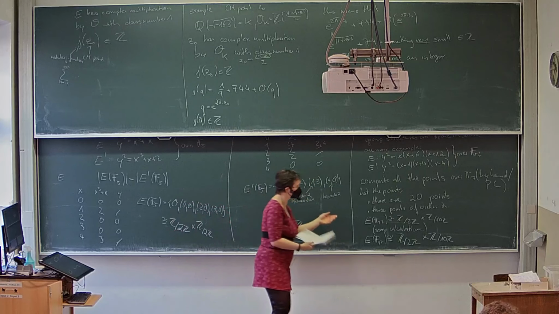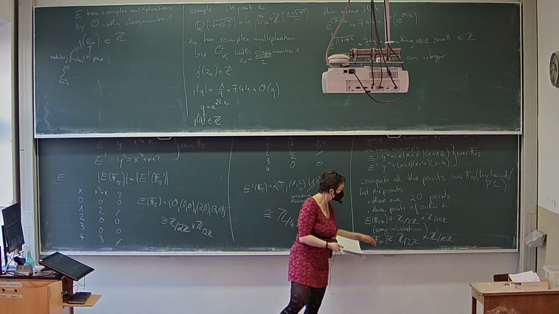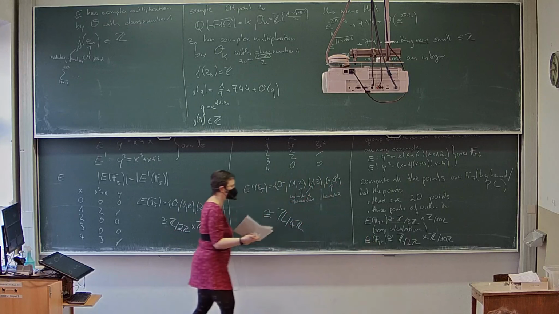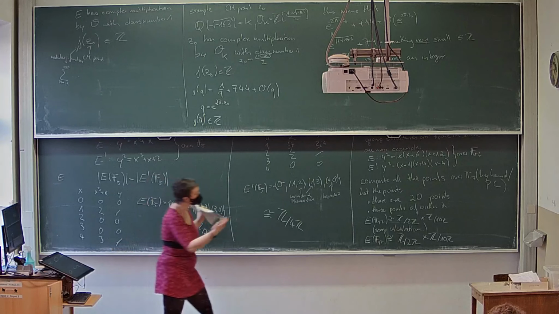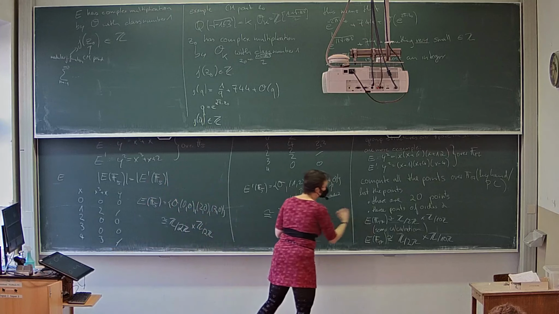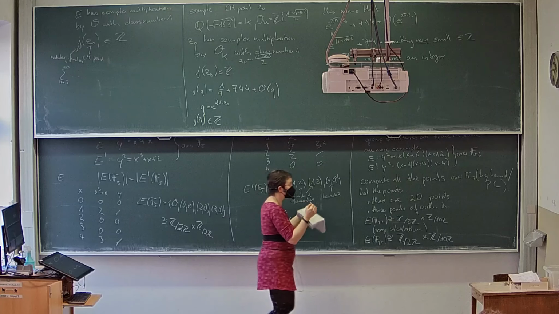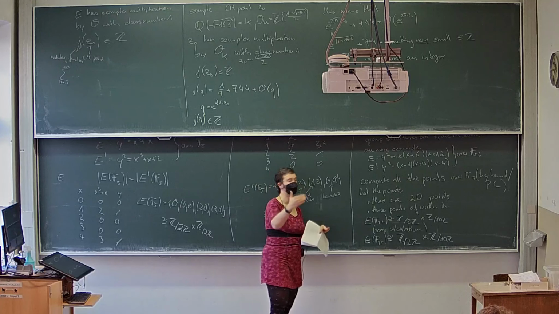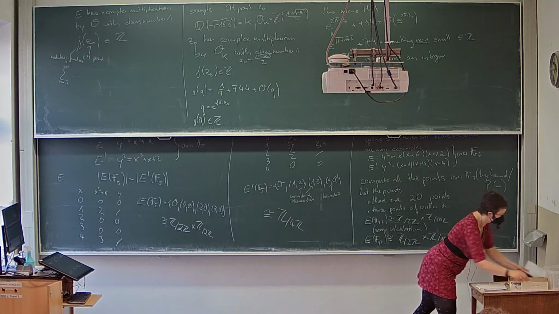Can it happen that over all finite extensions the groups are isomorphic? And if not, when does it stop being isomorphic? And this we will answer today.